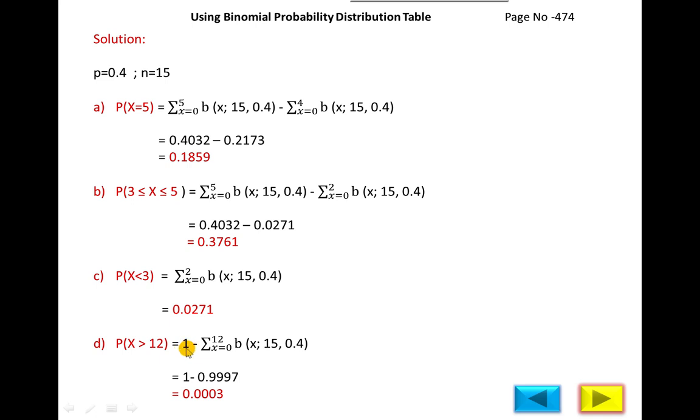Now the next part. Instead of a lengthy calculation, you can write greater than 12 like this, because you know that the maximum probability is always equal to 1. And greater than 12 means 13, 14, 15. If you subtract the value of 0 to 12 from 1, you will obtain 13, 14, 15.